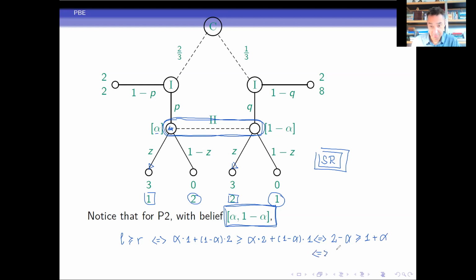So indeed, you get that alpha should be at most a half, which makes sense, right? The payoffs are symmetric. So this is what you would expect, but you can also compute it.